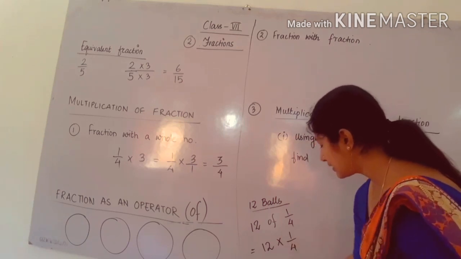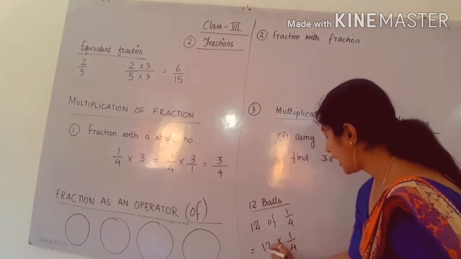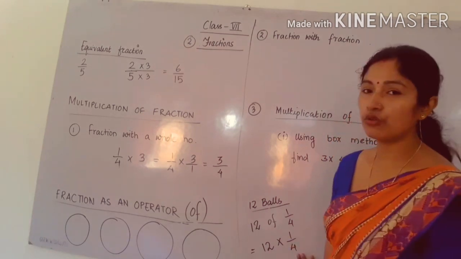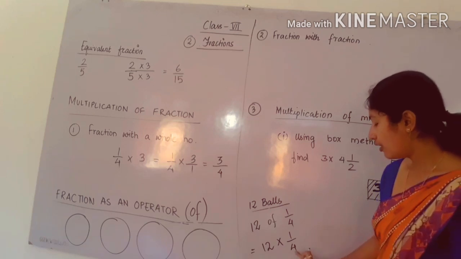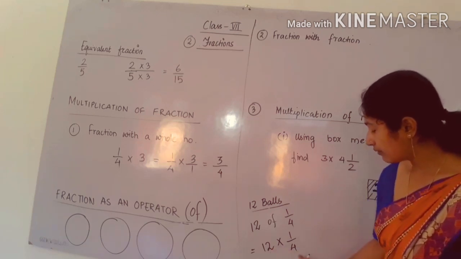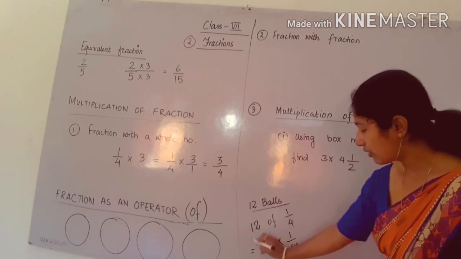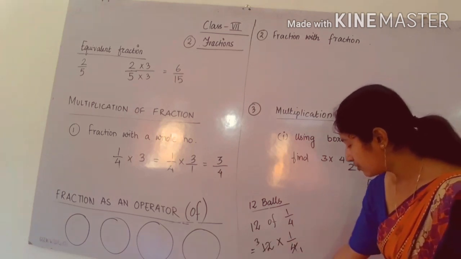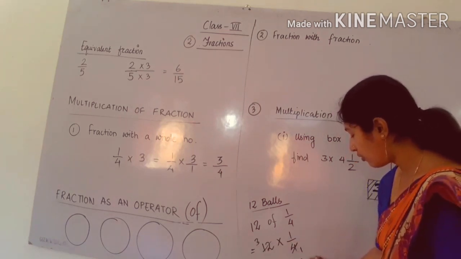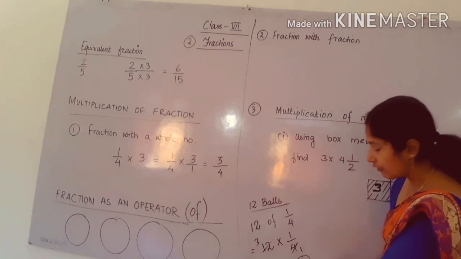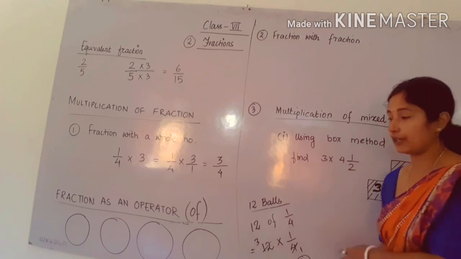You can directly multiply the numerators and then the denominators, and then simplify, or you can cancel here also. So 4 1s are 4, 4 3s are 12. The answer will be 3 by 1. So how many balls are there in each group? The number of balls will be 3.